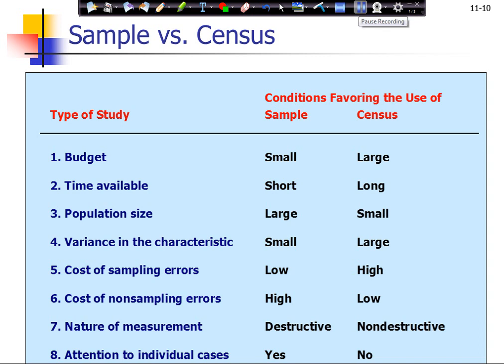The next criteria of study is nature of measurement. If it is destructive, then we must prefer sample. If it is non-destructive, then we must prefer census. Now what does this mean? Let me explain you all with an example. Here the destructive nature simply means consumption or contamination of the product prepared.